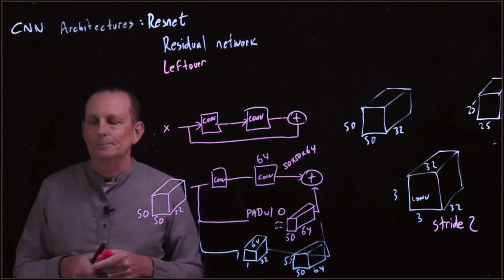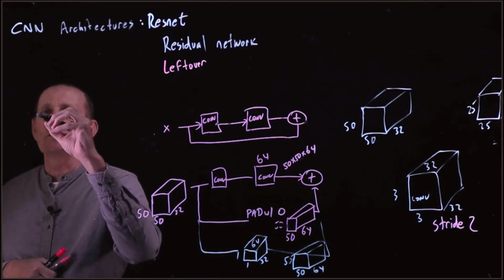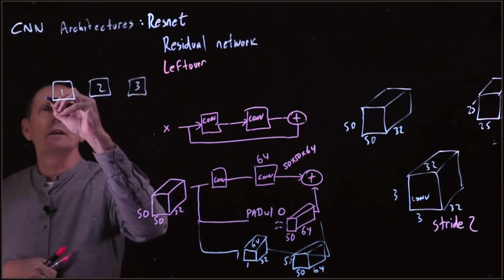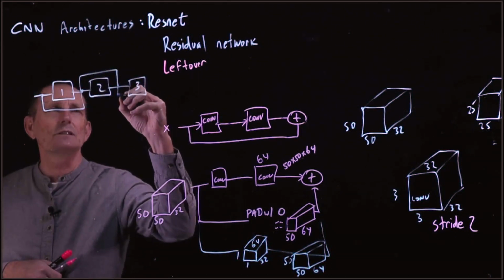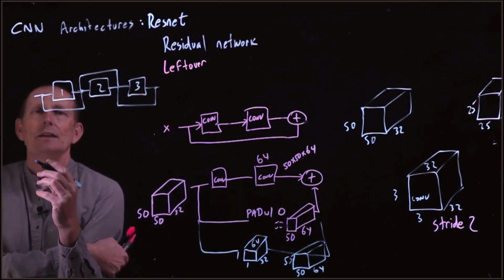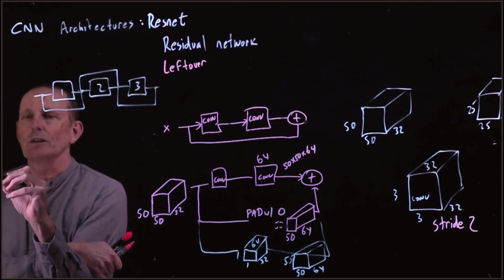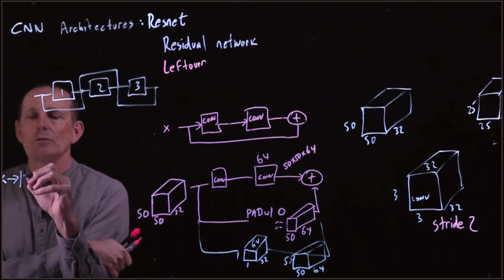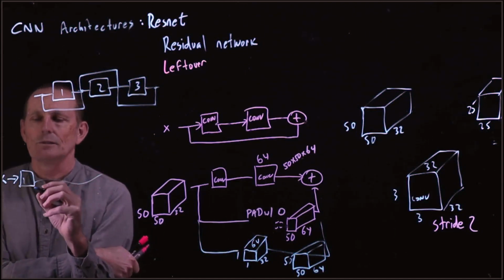So if we imagine we have 3 blocks that can be skipped, 1, 2, and 3, and we have skip connections around each one of these, then we have our input coming in, and we can go through 1 and then go to the end.